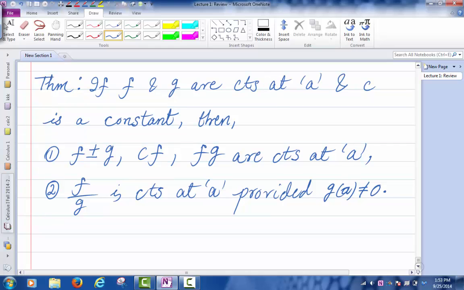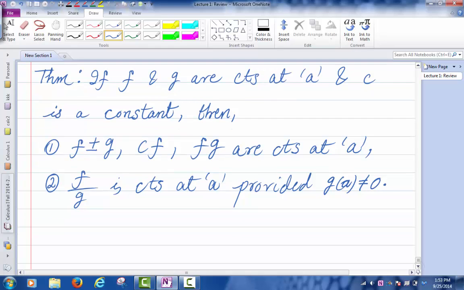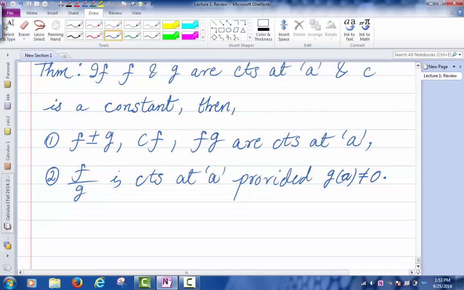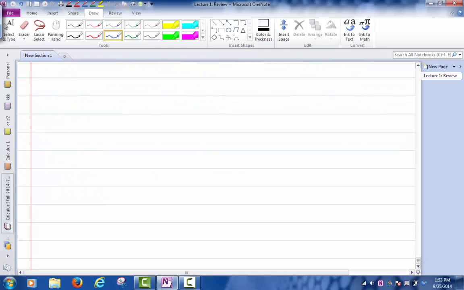So let's do an example here. First of all, suppose that I have the function p of x, which is a polynomial function, and that function is 1 plus 2x plus 3x squared. Just a polynomial function.